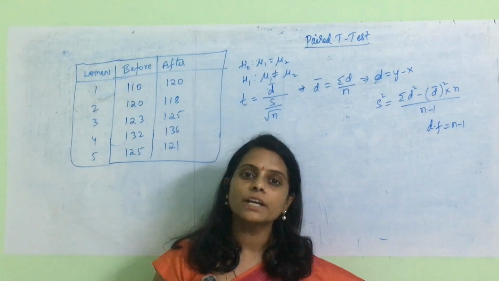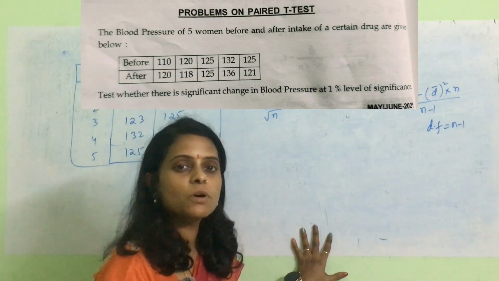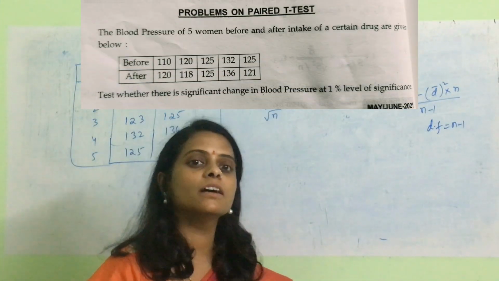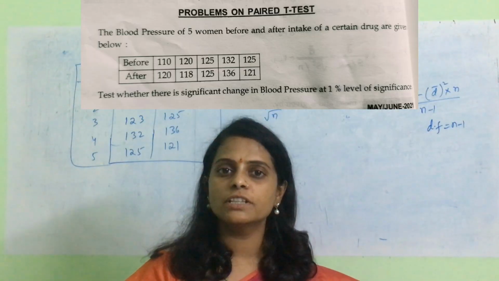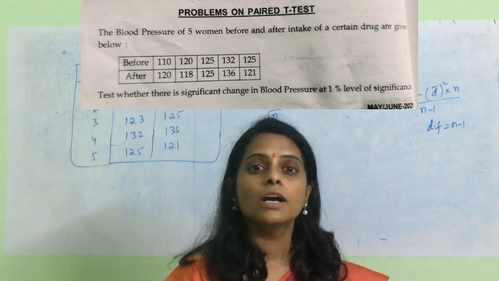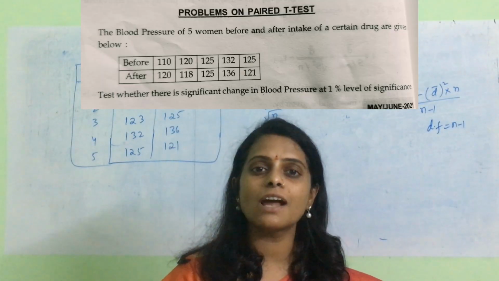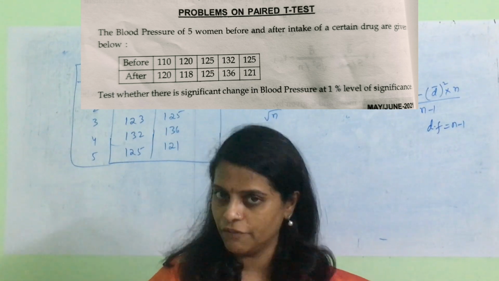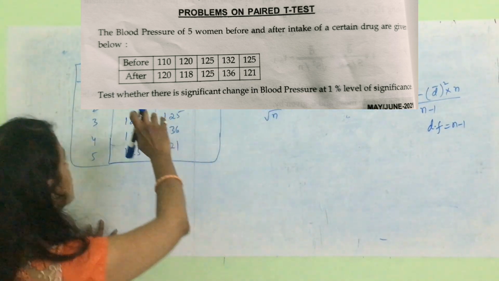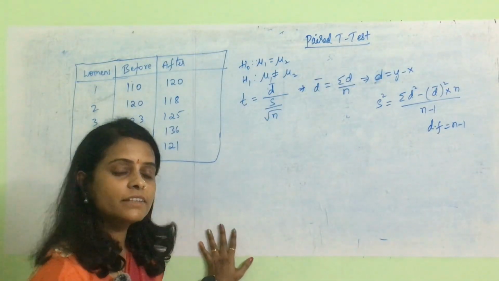So in this paired t-test, the question is given on your screen. There are 5 women who have had their blood pressure checked before and after taking one drug. The before and after readings of the 5 women are given.